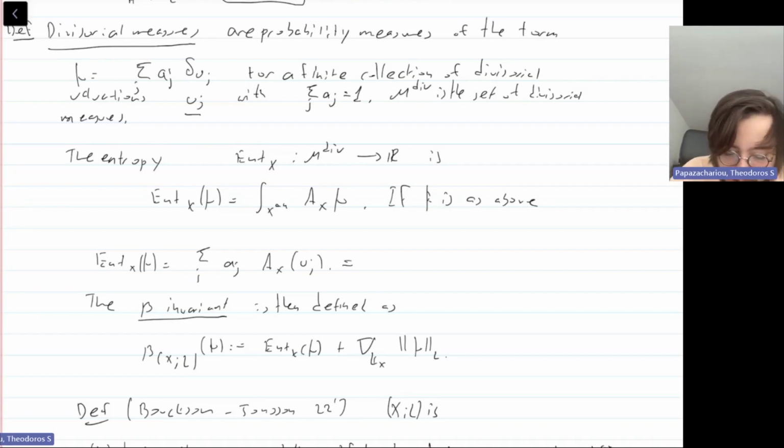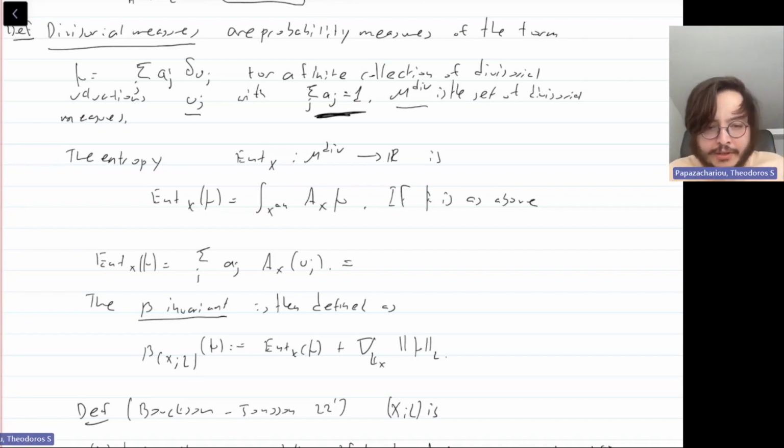This is a probability measure, so the sum of the coefficients has to be equal to 1, and this is a finite collection of divisorial evaluations. Then you define M^div to be the set of divisorial measures, and with this definition you can start defining divisorial stability.